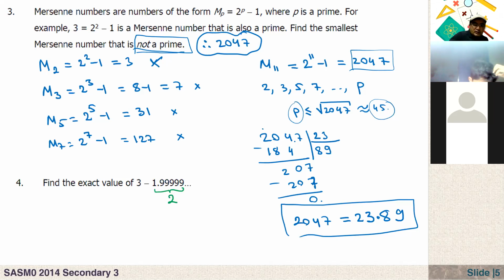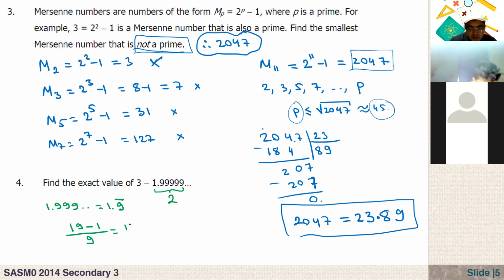Okay, to change this one, we have 1.999 recurring, that means 1.9 where the 9 is repeating. So I need to write the whole number, 19, and subtract the non-repeating part, which is 1, over 9, because only one digit is repeating.